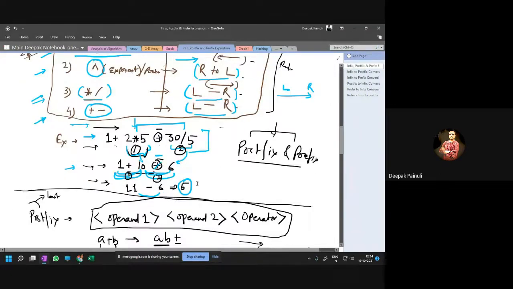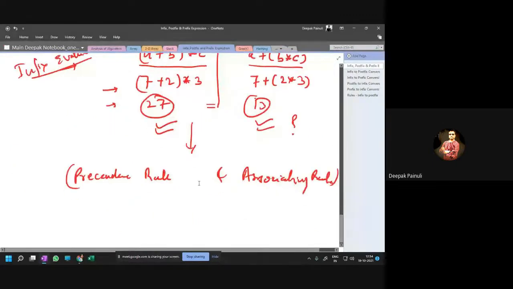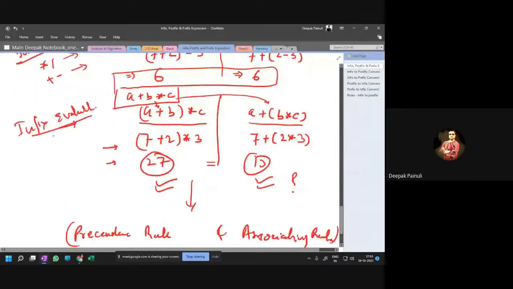So in the last example, if I follow the precedence and associativity rules, which one do you think is correct? Can anybody tell?